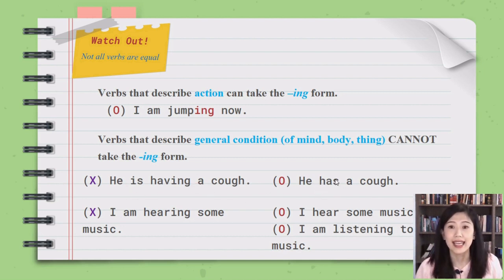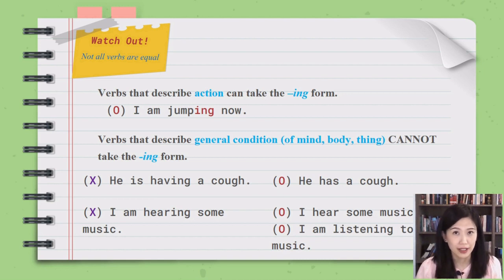We say, he has a cough. Another example, we do not say, I am hearing some music. We say, I hear some music. Because hear is a general condition of our body, of our ears.